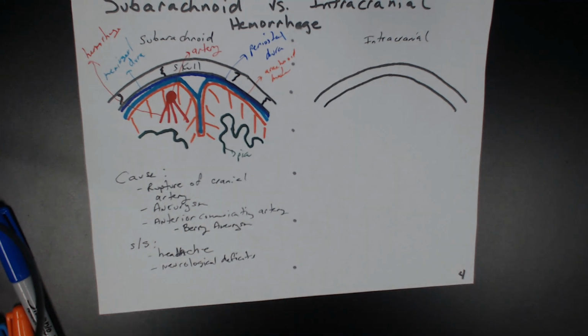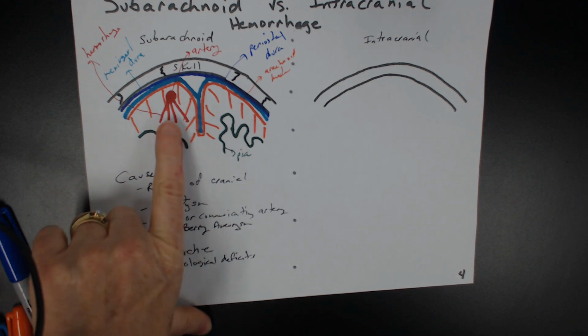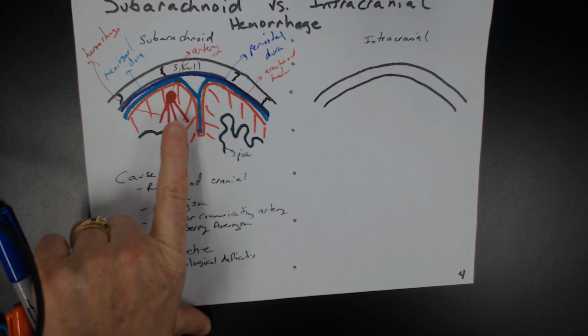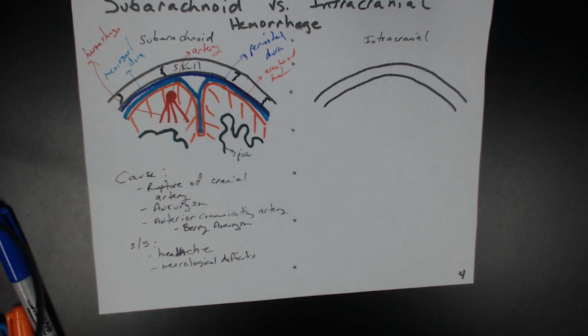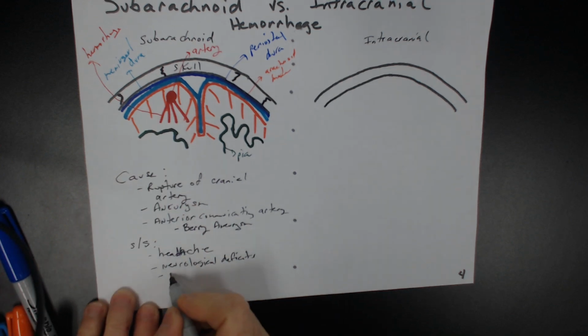Okay, neurological deficits. And since the blood is pooling here in the subarachnoid space, the patient might actually complain of a stiff neck.